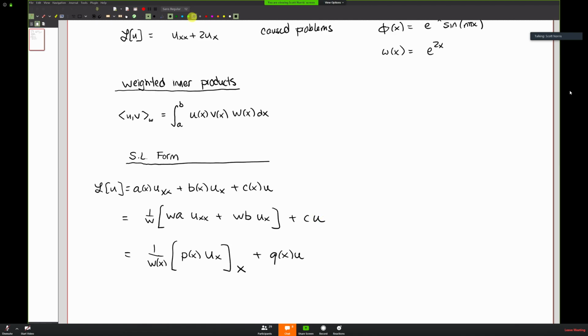What we need to do is choose it such that the derivative of this term equals that term, which allows this whole thing to be an exact derivative and condensed into this form.